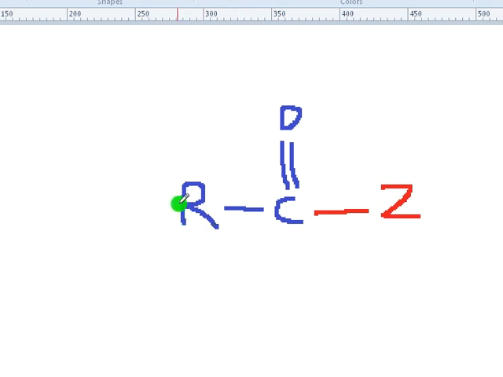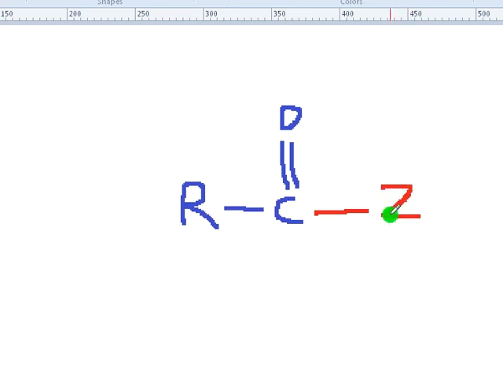Acyl group means you have R, an alkyl or aryl group, single bond, carbonyl group, carbon double bond oxygen. This part is the acyl group bonded to an electronegative atom.